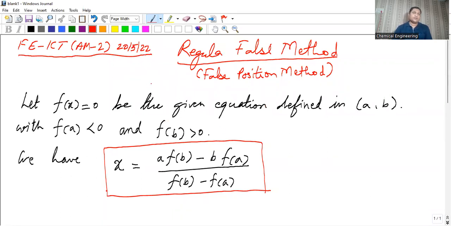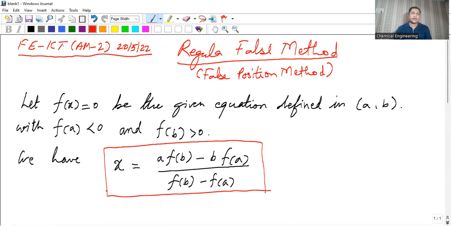Here, f of x equal to 0 is a polynomial equation or a transcendental equation. Any equation that we want to solve, we want to find the root of this equation. We want x such that f of x is equal to 0, defined in the interval a to b, where we know that f of a is less than 0 and f of b is greater than 0.